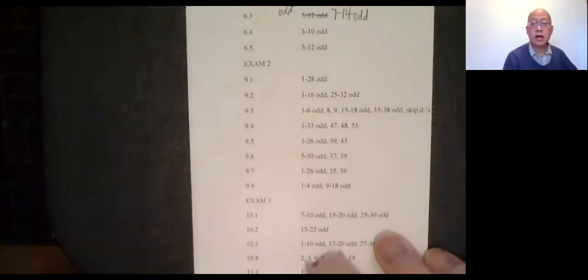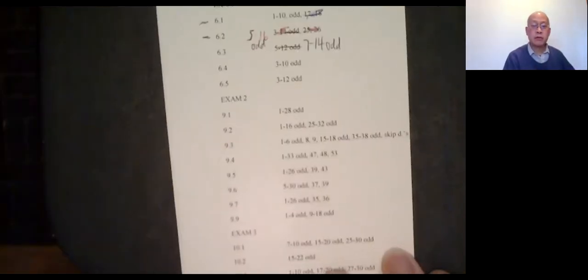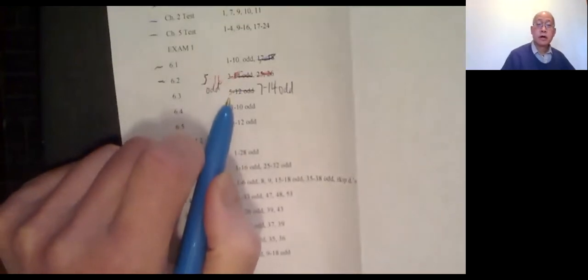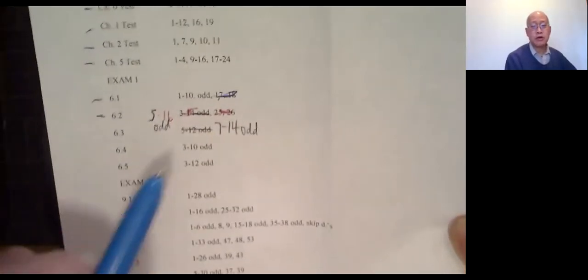The other thing I needed to say is about the assignment. The original sheet that I had said 5 to 12, but I'm noticing that in my book, it's actually changed to 7 to 14. That same kind of thing happened in 6.2, unfortunately. So I'm putting 7 to 14 odd if you're using my book.